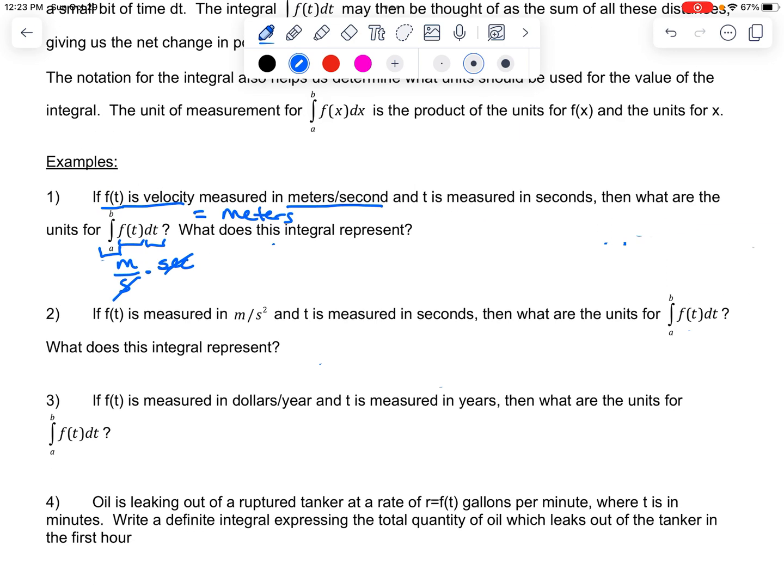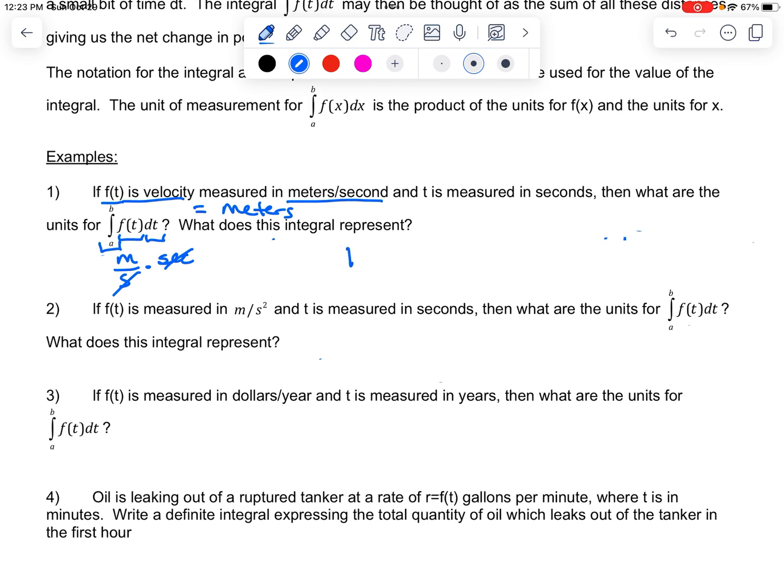Remember that the derivative of the position function is your velocity function. Now we're going backwards: if we take the antiderivative of velocity, we end up back with position, and that's why your units end up being meters.